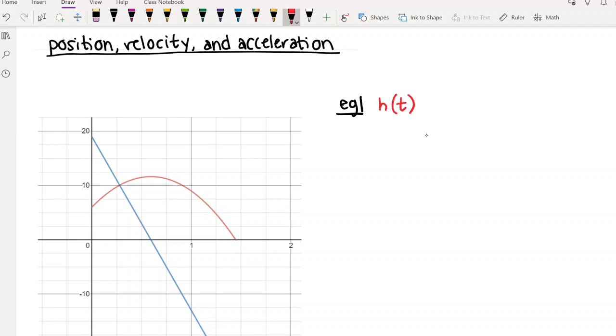So let's say that the height of a ball after t seconds, and maybe let me write this as a full sentence then.